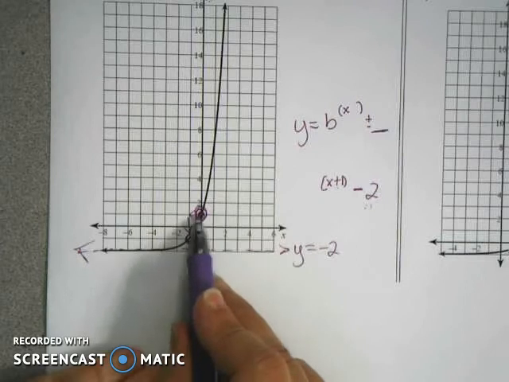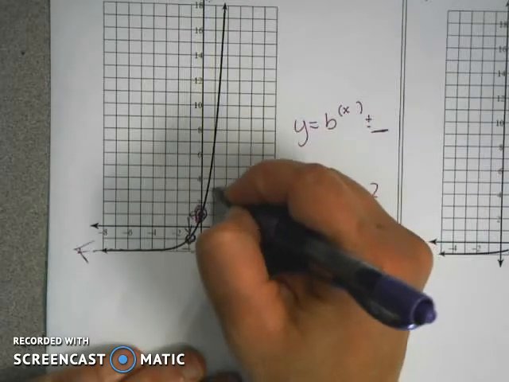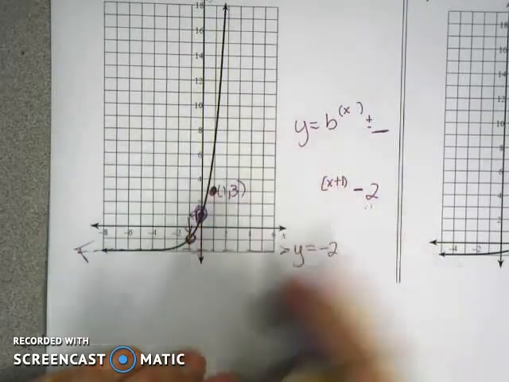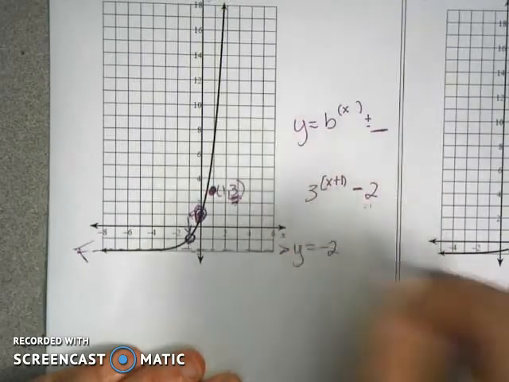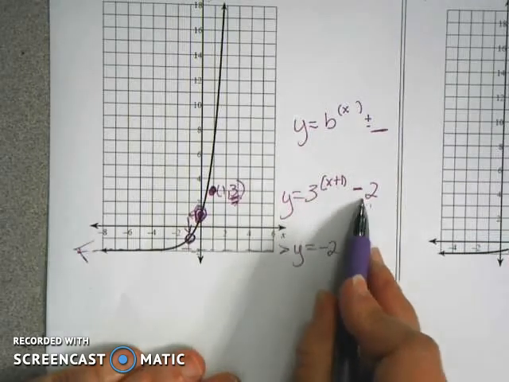It had to have gone left 1, down 2, so I'm going to go right 1, up 2 to find its original point, which ends up at 1, 3 in this case, and this value here is my base. So that's my equation. Y equals 3 to the power of x plus 1 minus 2.